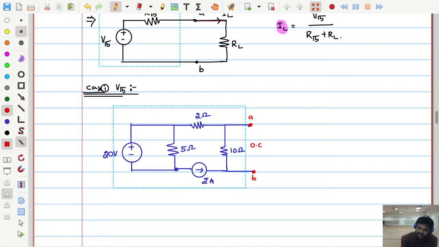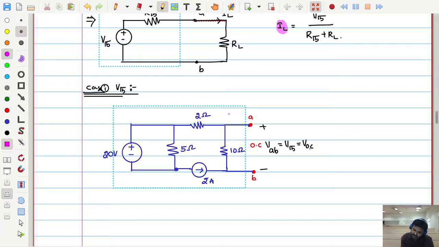Now at these open circuit terminals, I need the voltage between A and B, VAB, which is equal to VTH, which is equal to the open circuit voltage. Now use any method which you know to find this voltage. How can we find the open circuit voltage here?